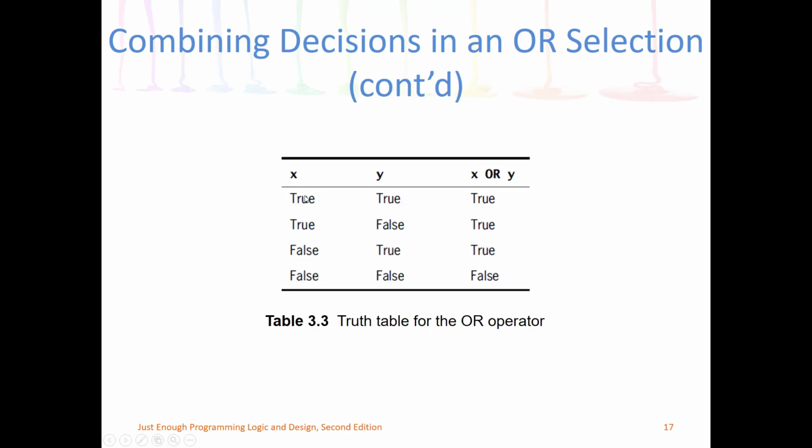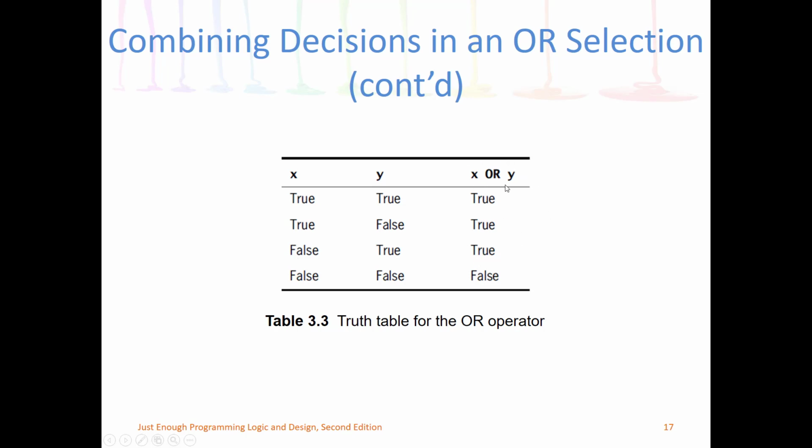Okay. If x and y are true, there's your OR statement. They're both true. If x is true and y is false, it's still true because only one has to be true. Either the one on the left has to be true or the one on the right has to be true for the whole thing to be true. Now, they can both be true and it'll still be true. All right. If X is false and Y is true, the whole thing still evaluates as true.